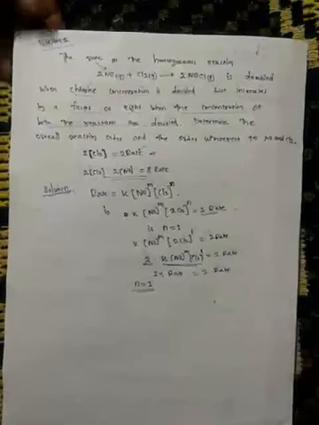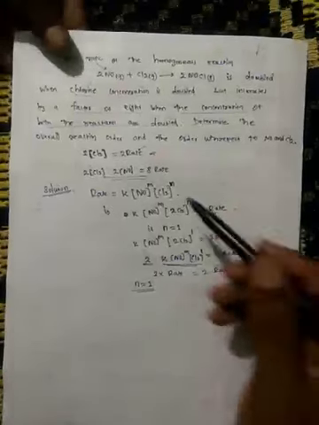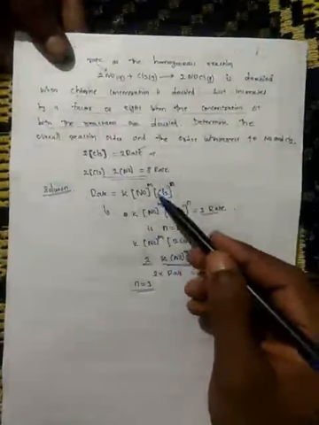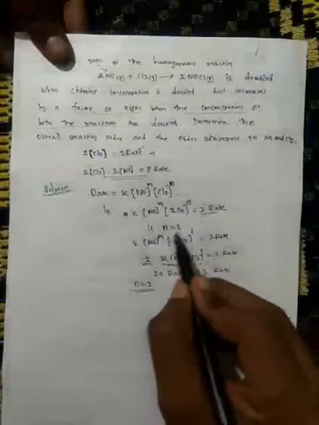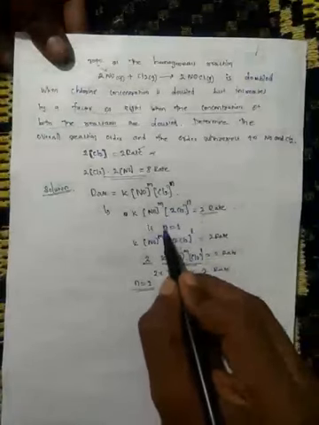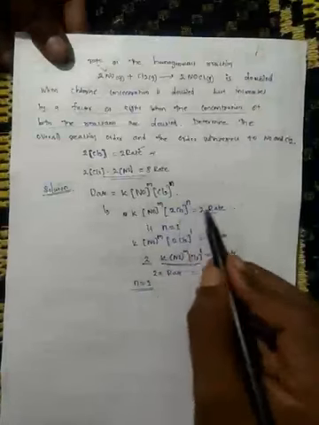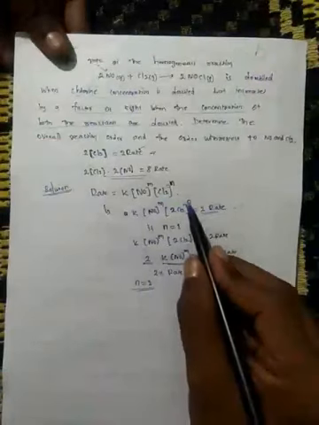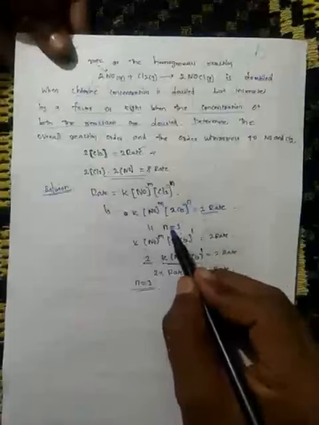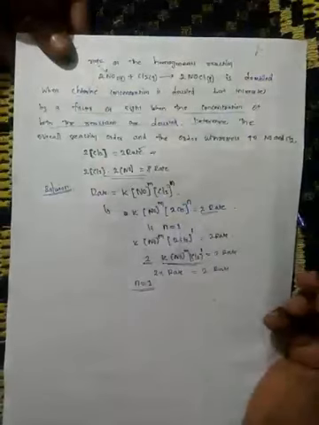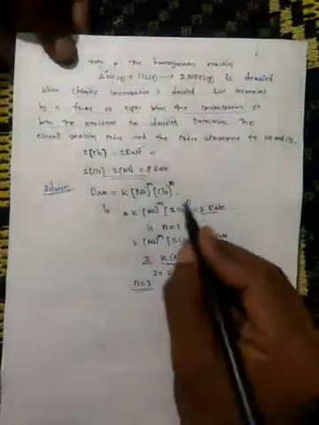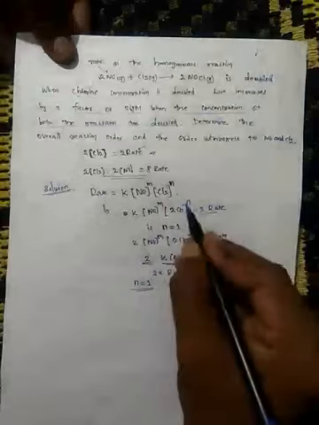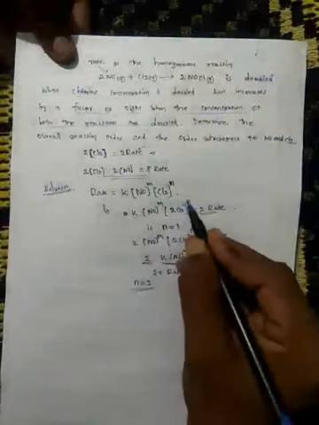Right? So very simple. When I double the concentration, the rate is actually doubled. You'll have to give N the value of 1 to get 2 times of rate. If you give N equal to 2, what will happen? 2 power 2 becomes 4.